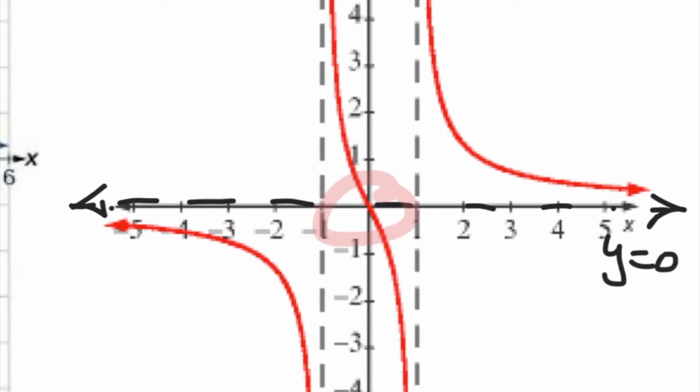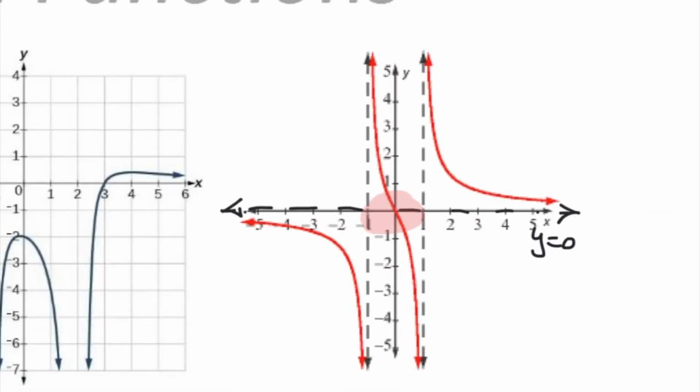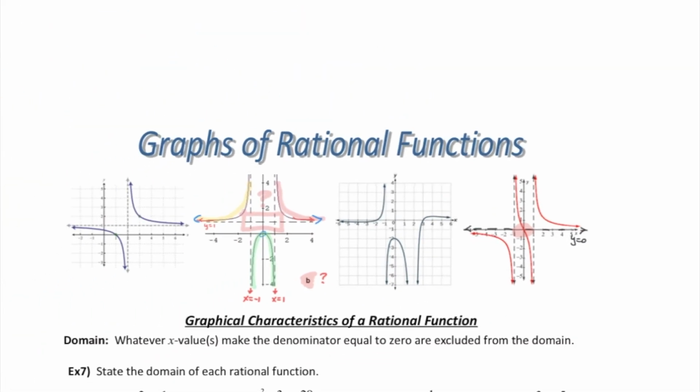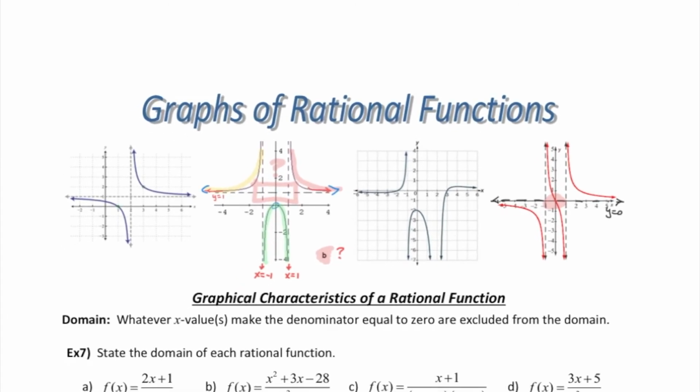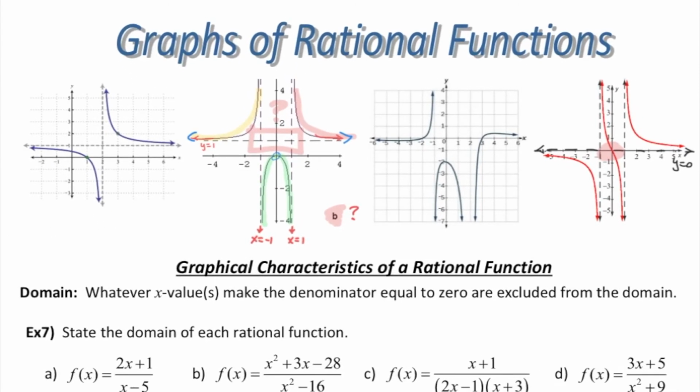But then in the middle, you've got this place where the actual function crosses the horizontal asymptote. That's perfectly valid. What will never happen is that a vertical asymptote will be crossed. A vertical asymptote will never ever be crossed. The other thing that we're going to talk about that you can't see in these pictures are holes, and we'll talk about how to compute a hole and how to know if there's a hole.